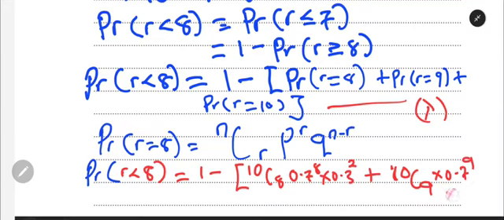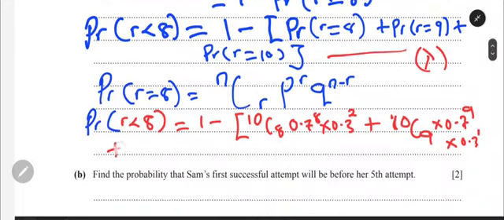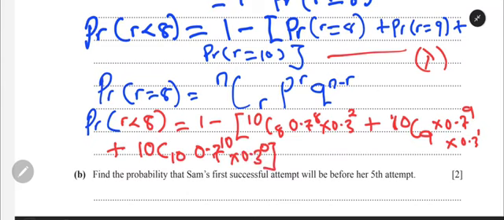Then multiplied by 0.3 raised to the power of 1, and the last one is 10 combination 10, 0.7 raised to the power of 10 times 0.3 raised to the power of 0. So you close that. Of course we can use a calculator to get the final answer here, and when you use that you will actually obtain 0.617 as the final answer to that.